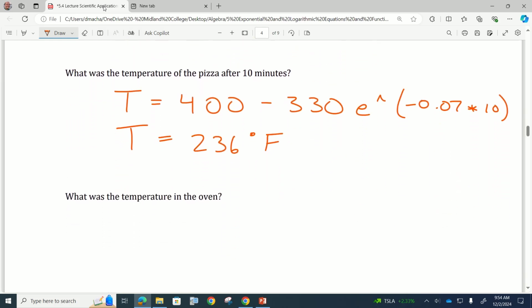What was the temperature in the oven? Yeah. The same thing, if I plugged in some huge number for t, then the exponential term is going to be practically 0. Because e raised to a large negative number is practically 0. And so the temperature in the oven was 400 degrees Fahrenheit.